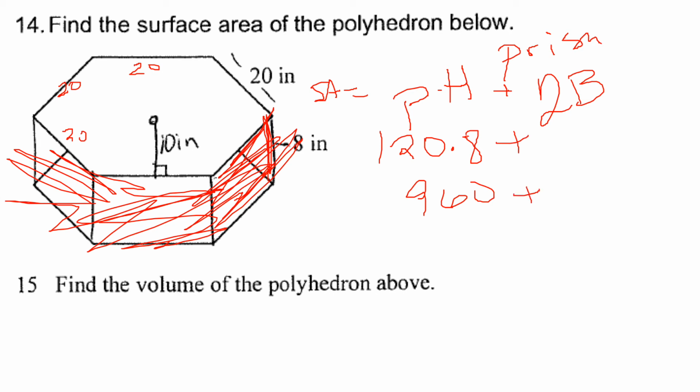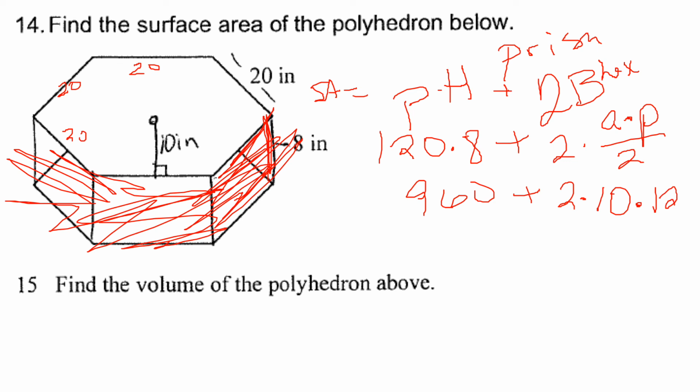Then you're going to do 2 times the big B. And 2, just bring it down a couple of times so you don't forget it. My big B, what is this base? It's a hexagon. What's my formula? A regular polygon formula. Apothem times perimeter divided by 2. My apothem is 10. My perimeter, look over here, we already did perimeter, is 120.